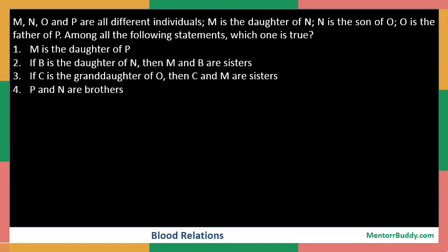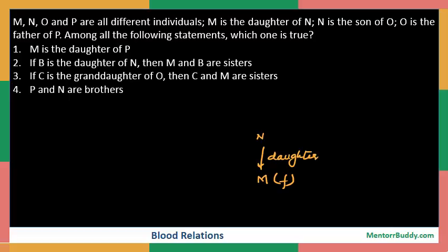So the first line says that M is the daughter of N. So we can easily say that M is a female. Because M is the daughter of N, I'll put it in this way.